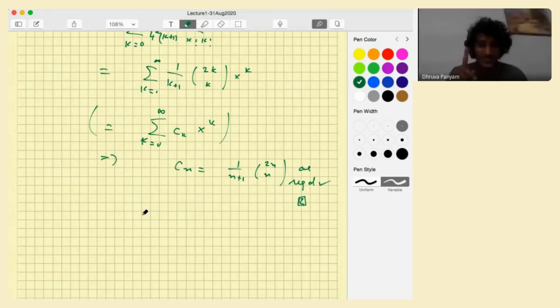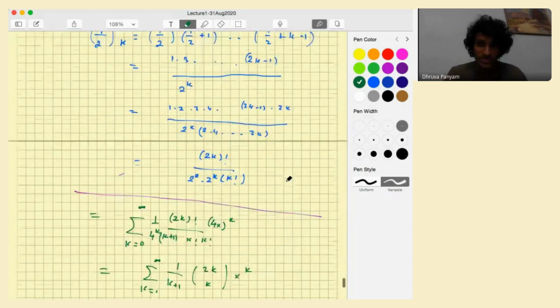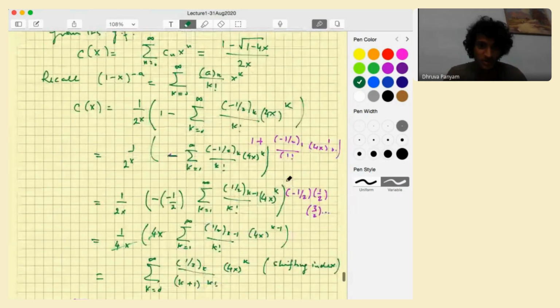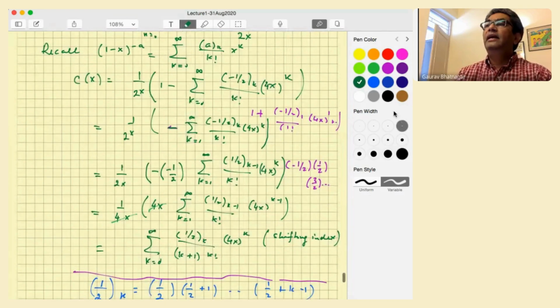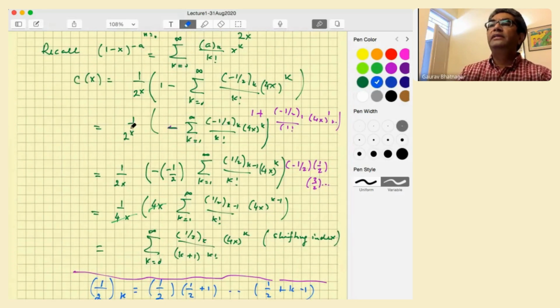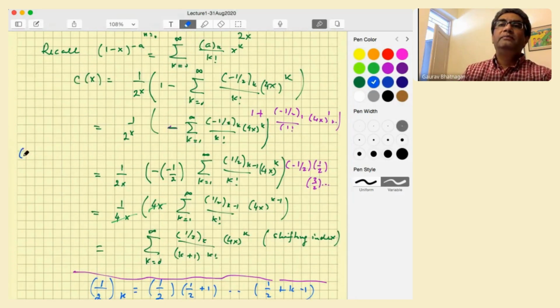I had a small question. How do we get from the minus 1 by 2 sub k to plus 1 by 2 sub k? Actually, you don't get there. You get somewhere else. So let me do it here. So this is basically minus 1 by 2, minus 1 by 2 plus 1, which is plus 1 by 2, 3 by 2, and so on.